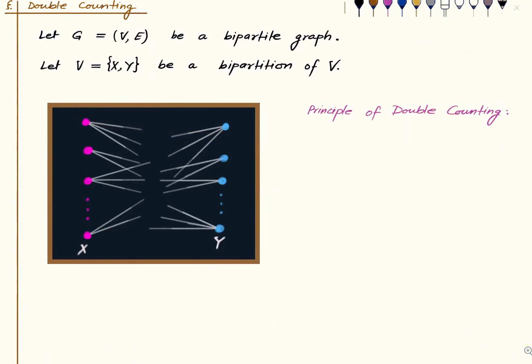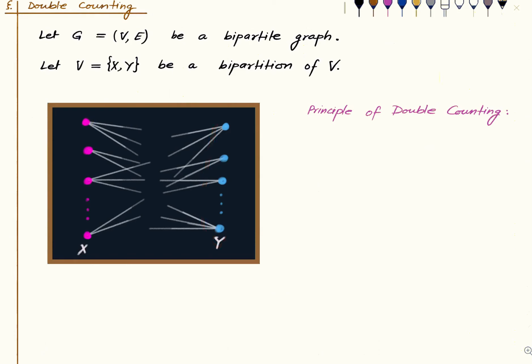Okay, now what is the principle of double counting? It just says that you can count the total number of edges in the graph in two different ways. One way to count it is by surveying the left side, asking how many edges are you incident with, basically asking what is the degree of this person, this person, this person, and so on, and adding all of them. Or you could survey from the right hand side and you will get the same answer.